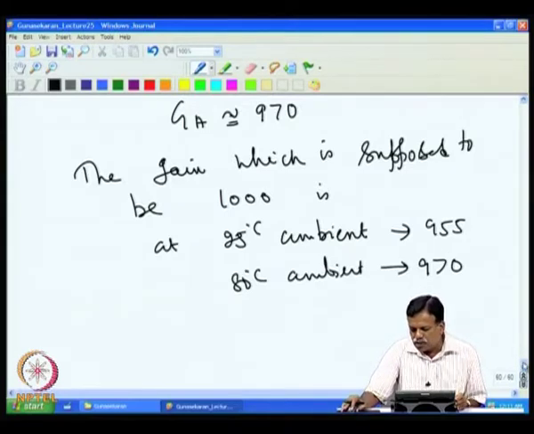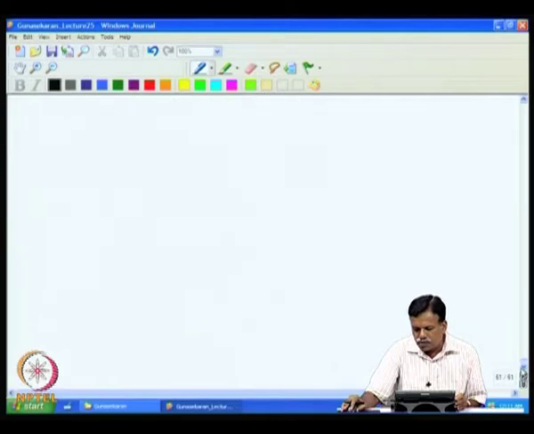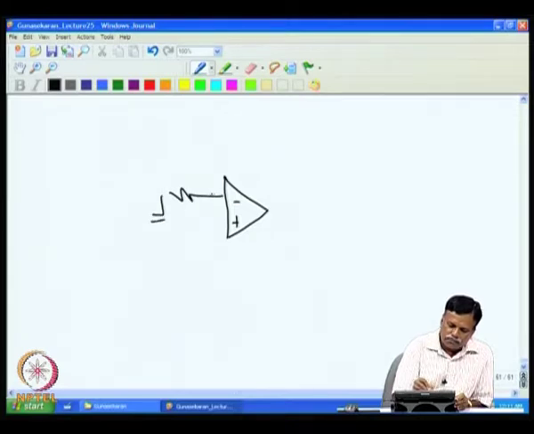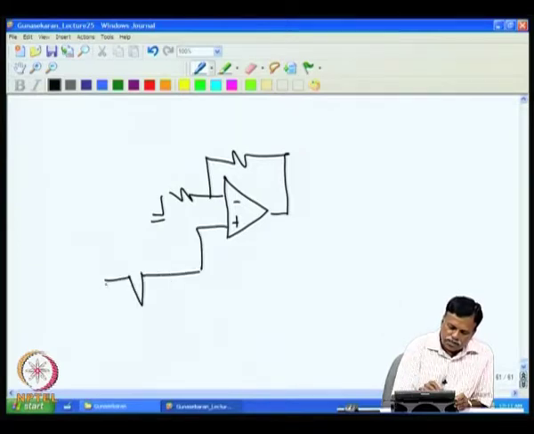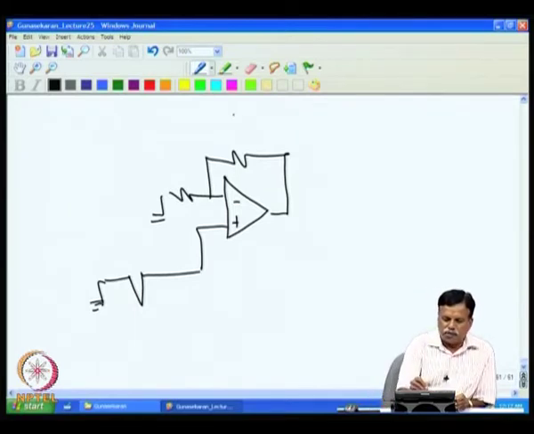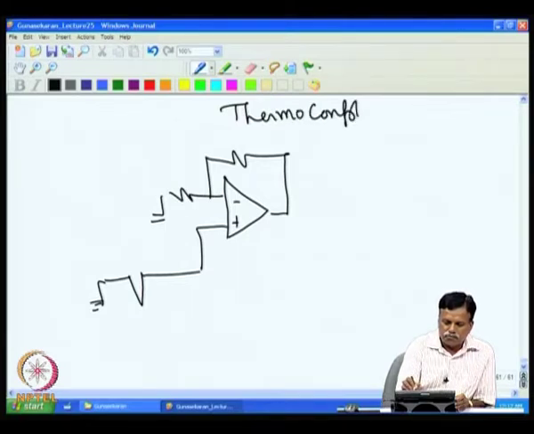This gives a problem because, for example, if I want to amplify some signal, for example a thermocouple voltage. So I have a thermocouple amplifier, and take this as example 2.